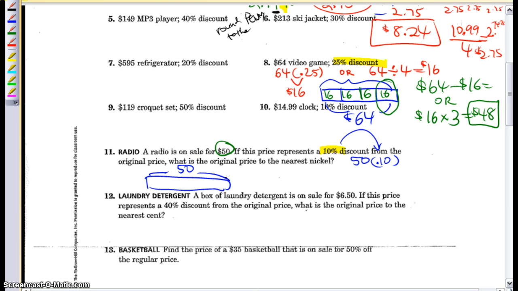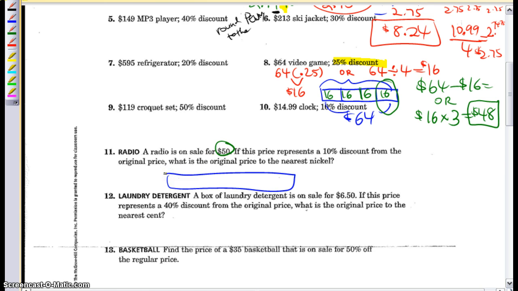If I were to draw a bar, and I said that this entire bar represents the original price, and since $50 is 10%, if I divided this bar into 10 pieces, each piece would represent 10%.